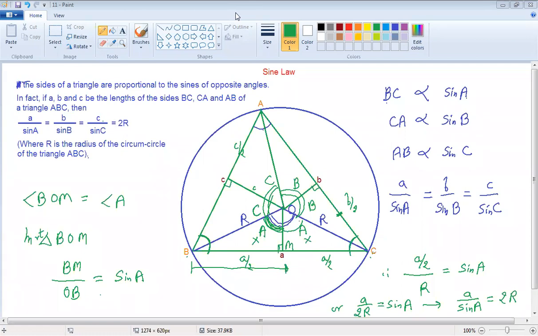Jashanpreet? No. Gurman? Arpan? Sir, no. Anmol? No, sir. Anaj? No, sir. And Amraj?